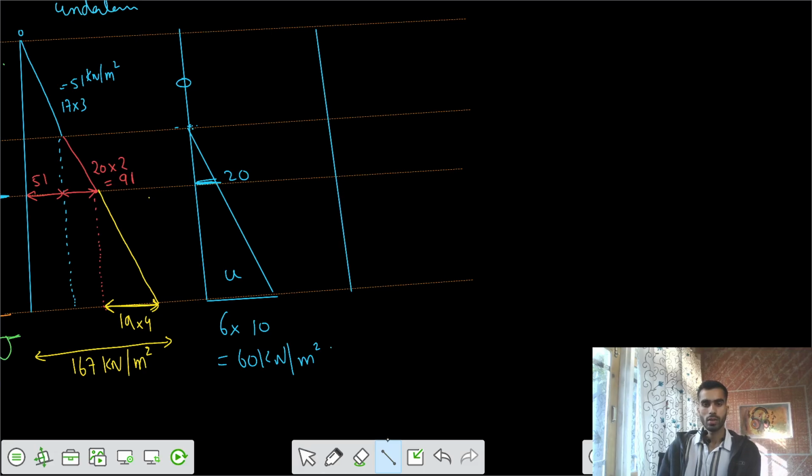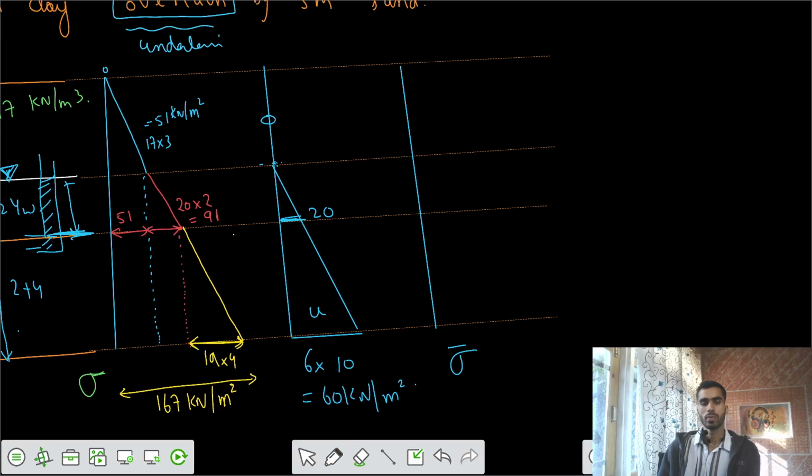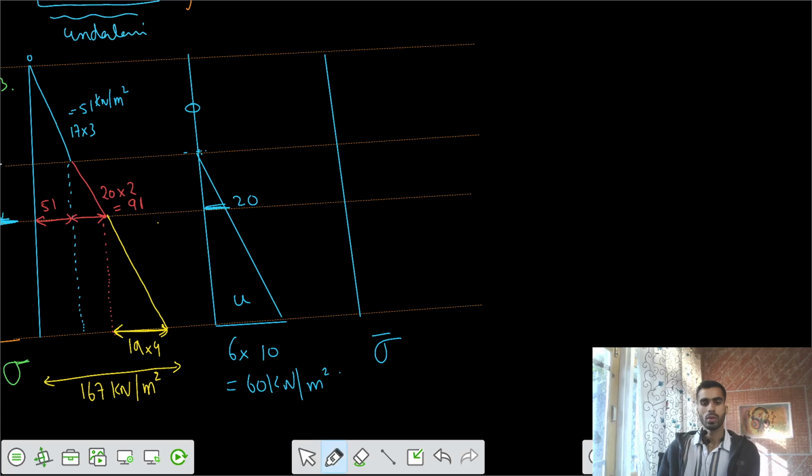Finally, let's go for the effective stress, sigma dash, sigma bar. That's actually the difference of the two. Here we have 0. After that we have 51 minus 0, that's 51. After that we have 91 minus 20, that is 71. 71 is somewhere here.